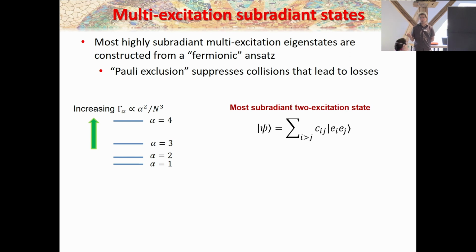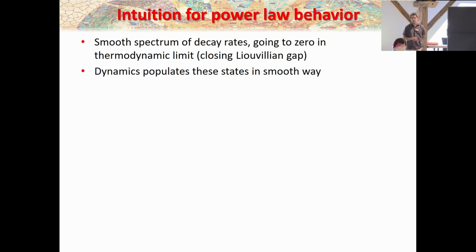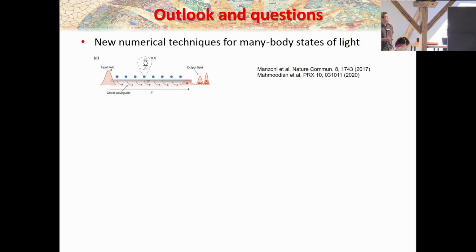So in other words, if I give you the set of single-excitation subradiant states, multi-excitation subradiant states can be constructed more or less from a fermionic Slater determinant of single-particle states. And so that's an interesting statement, that now subradiance looks a little bit like the many-body physics of nearly free fermions.